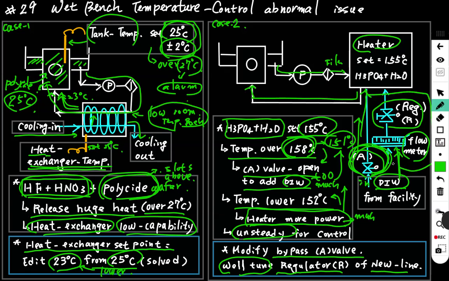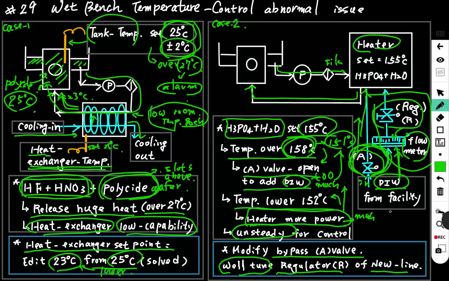This is the new line. Through the flow meter, we see the flow rate. We adjust the regulator for a suitable DI water in flow rate.